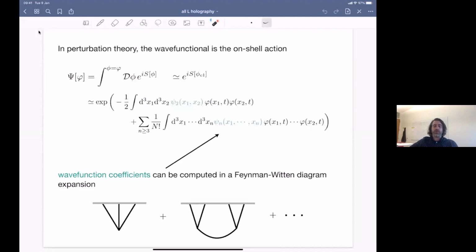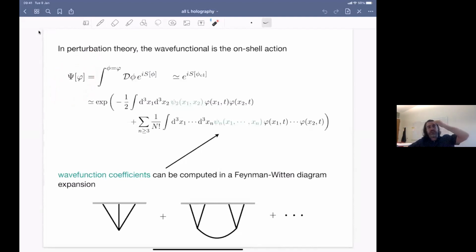And so roughly speaking, I'm going to evaluate the action on a solution that interpolates between the vacuum that I'm interested in, in the past, and then some field profile on the time where I'm computing the wave function. And then the on-shell action is a function of this late time field profile. And so that makes it sort of a functional, and that functional satisfies the Schrodinger equation.